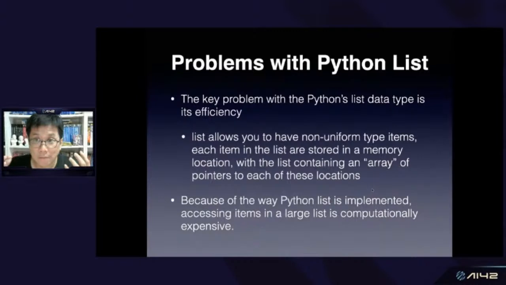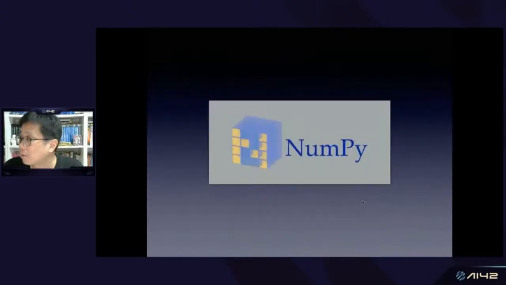And in the field of data science, usually the data that we are involved in are of uniform data type. Because of that, a Python list is not very suitable for doing data analytics projects. Now, in order to overcome this limitation, you need to make use of a third-party library called Numpy, or Numerical Python.